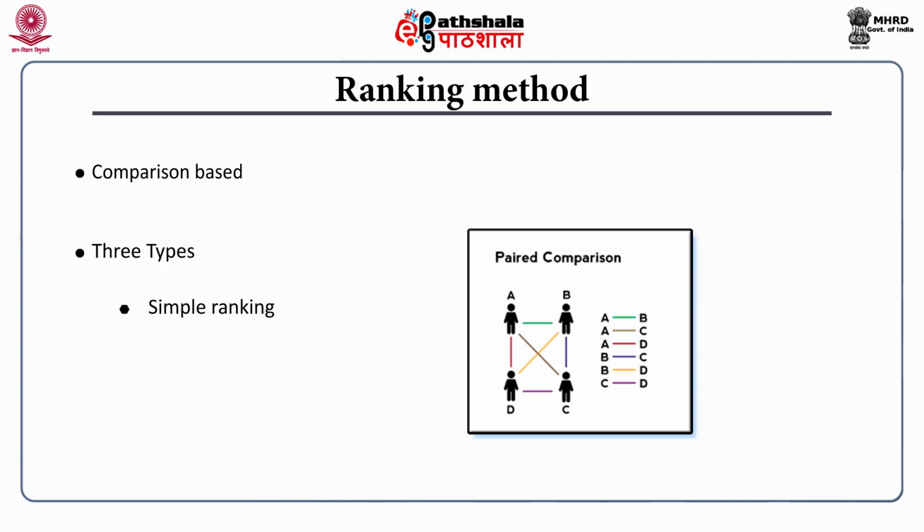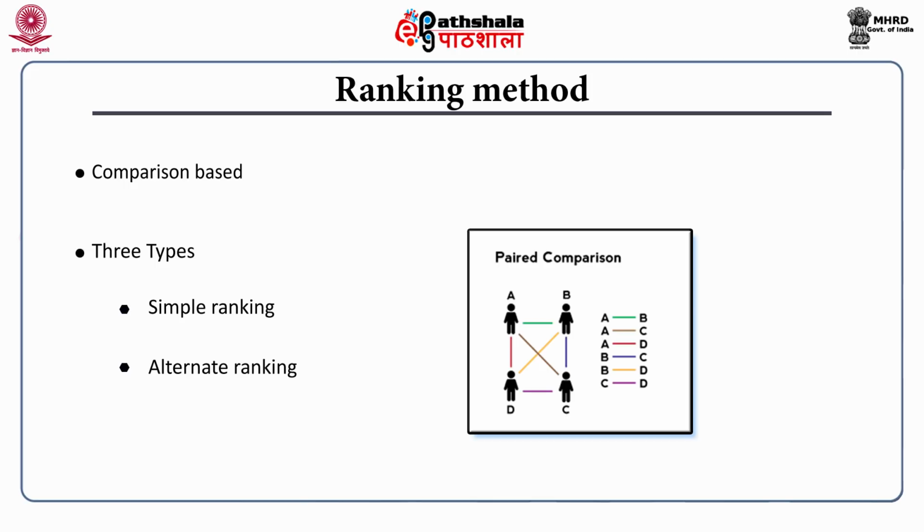The second ranking method is the alternate ranking method. In this method, the manager prepares a list of all the employees due for appraisal. Then he identifies the most valuable employee out of the list and puts the name at the top of the chart.